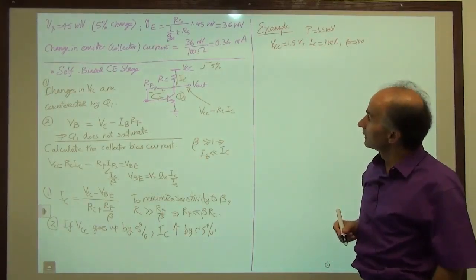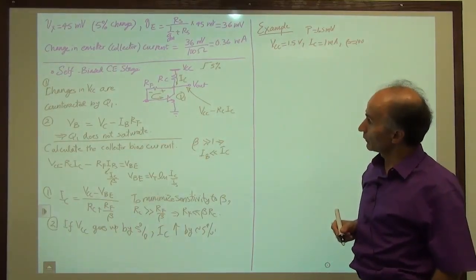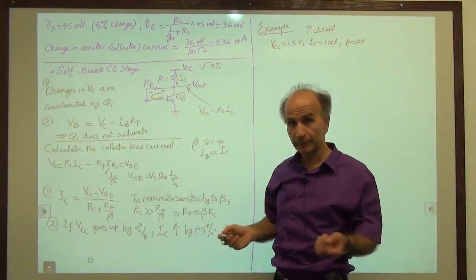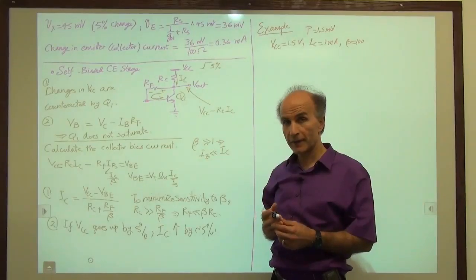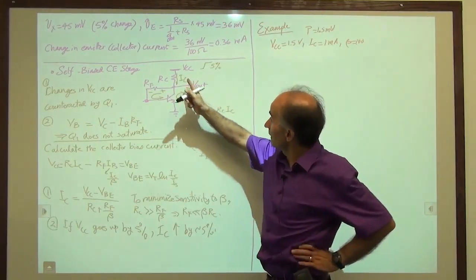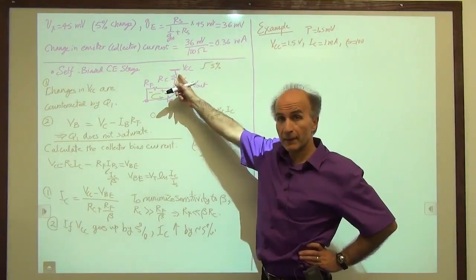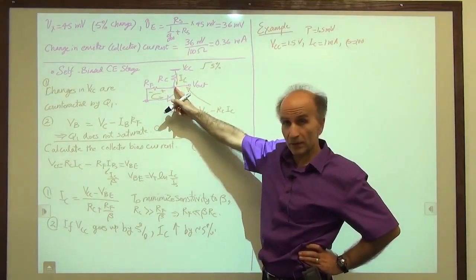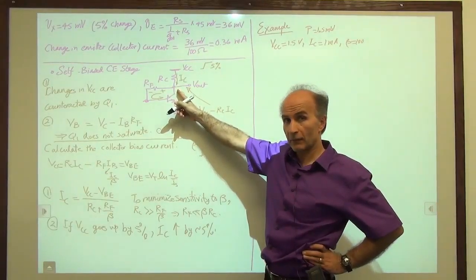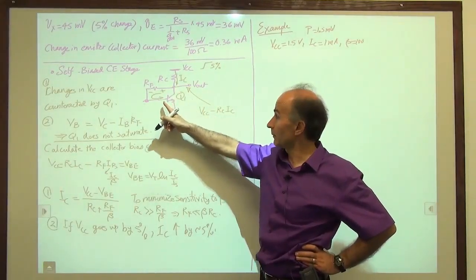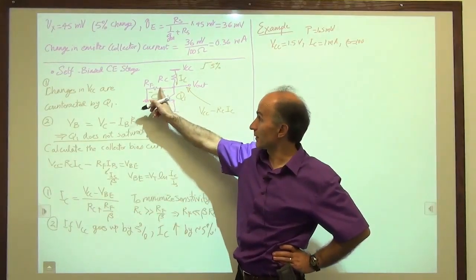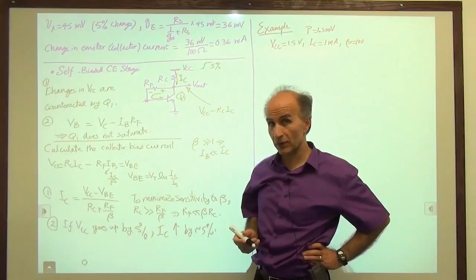Well, what parameters do I have to choose? I have RC and I have RF, really not much else. How much do I choose for RC? The supply voltage is 1.5 volts. How much is the collector voltage? It's about 0.8, maybe 0.9 volts, because we have 0.8 at the base and some drop across this resistor, but probably not much.